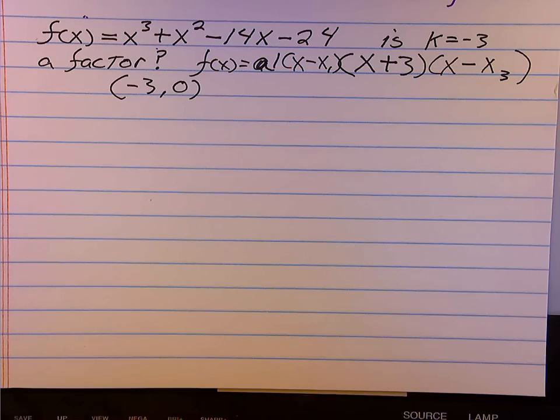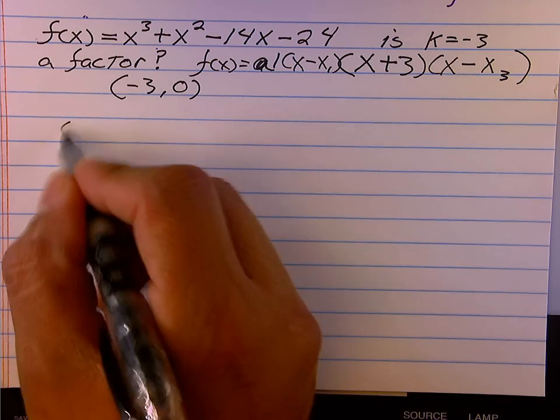How do I determine whether something is a point on a formula? I use the formula. I'm going to plug in negative 3 in any form. It does not matter what form I use a formula in because it's the same formula. So I do not need it in factored form.